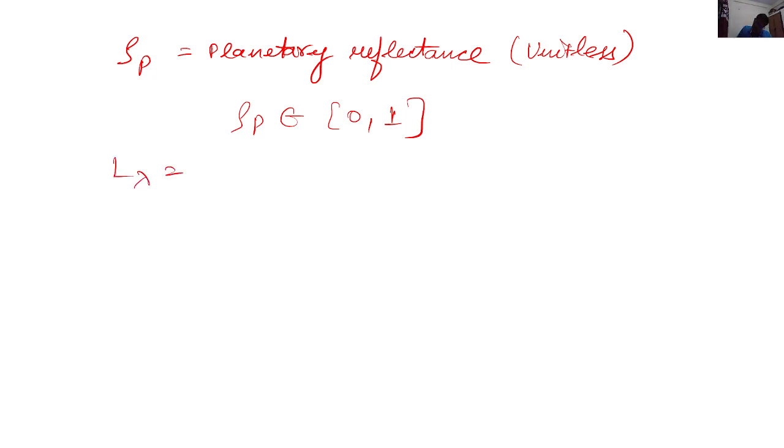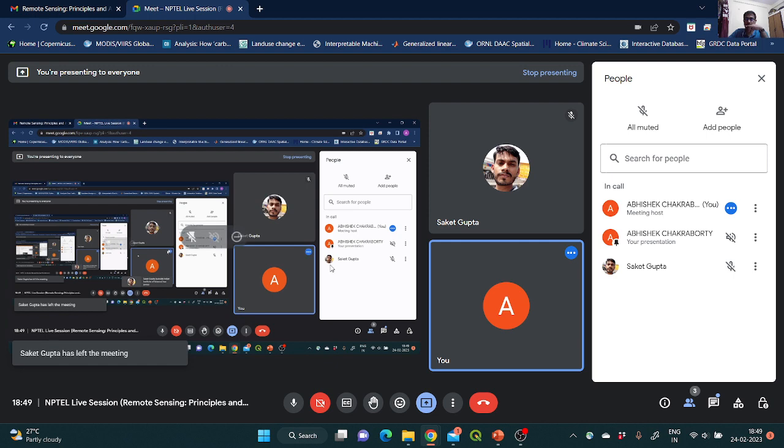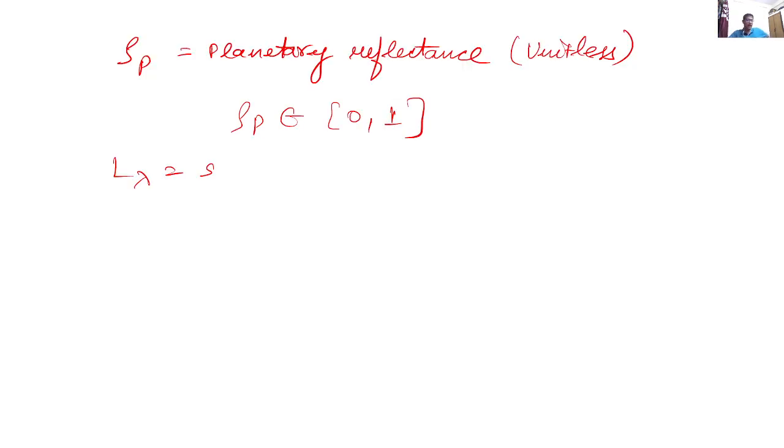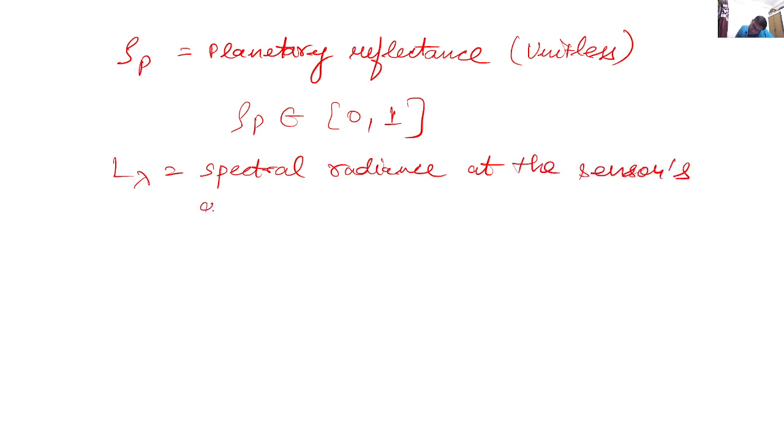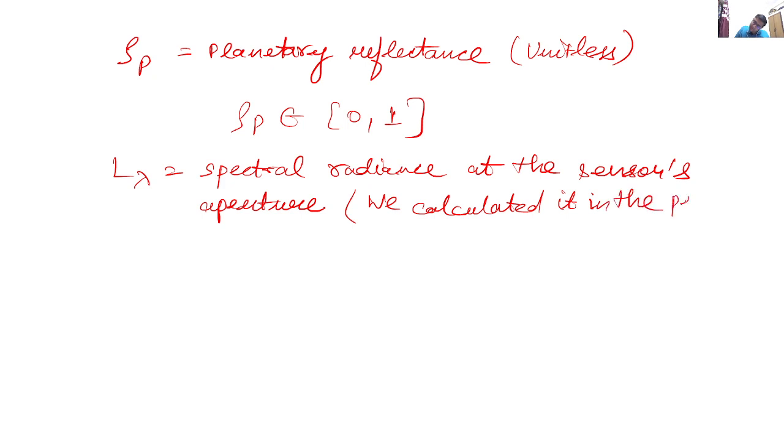L lambda is a spectral radiance at the sensor's aperture, and we calculated it in the previous step, when we converted the DN into the top of the atmosphere spectral radiance.